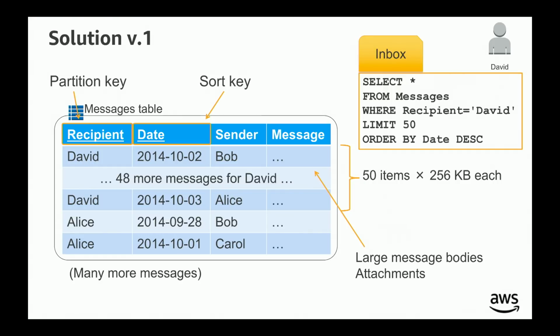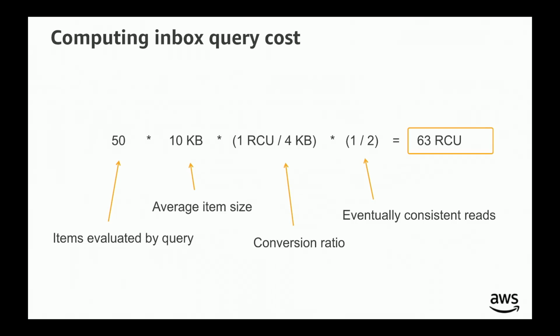The messages could have attachments, so we could have a view that has up to 50 items, and each one could be up to 250 kilobytes in size. If we calculate the cost of such a query, with 50 items and an average item size of 10 kilobytes, then we apply the conversion ratio.